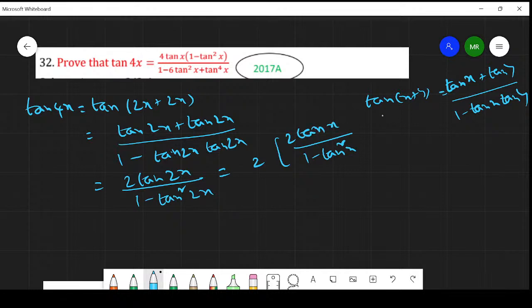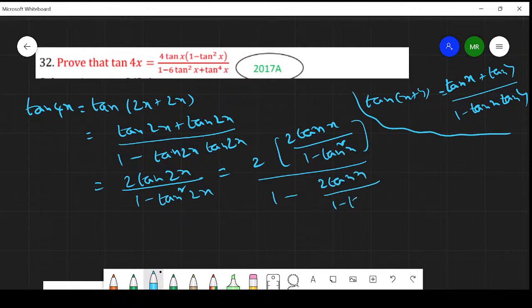Replace 2x by x plus x. This you remember: tan of x plus x gives tan 2x equals 2 tan x by 1 minus tan square x. You substitute that wherever tan 2x appears, in the same way, 2 tan x by 1 minus tan square x, whole square.